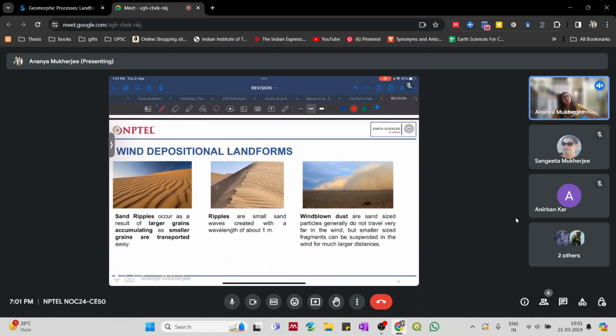Wherever the winds have deposited sands, they try to move or transport this sand from one place to another. This happens very gradually, and we can see some of the patterns formed in desert areas, which give us an understanding of the direction of the wind also.